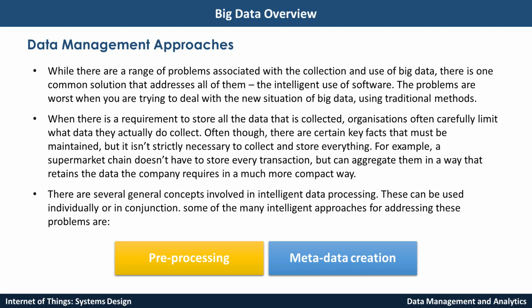However, it is not necessary to store all the data. For example, a supermarket chain doesn't have to store every transaction, but can aggregate them in a way that retains the data the company requires in a much more compact way. The 2 useful approaches are pre-processing and metadata creation. Both are quite important to address big data challenges.